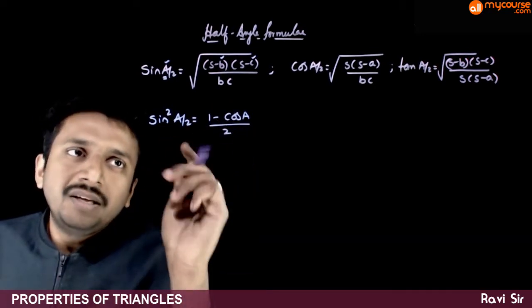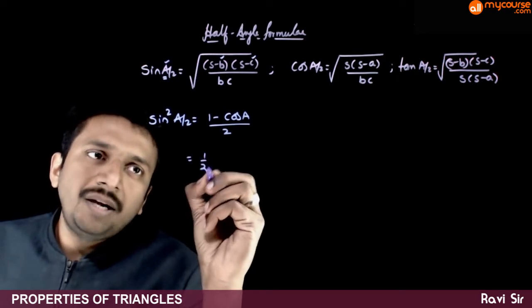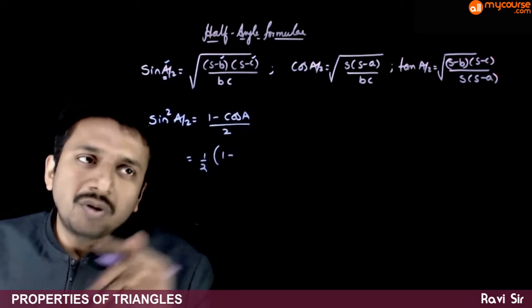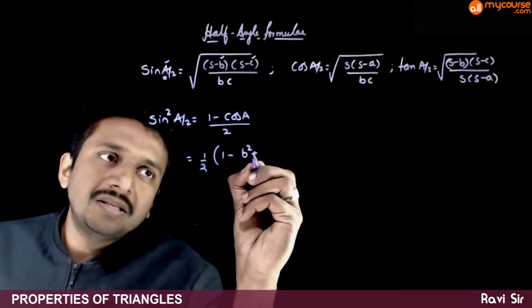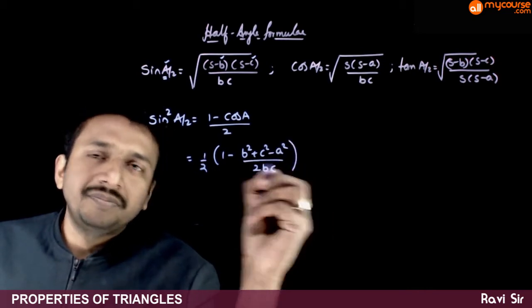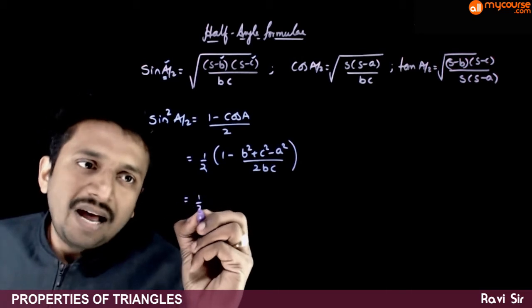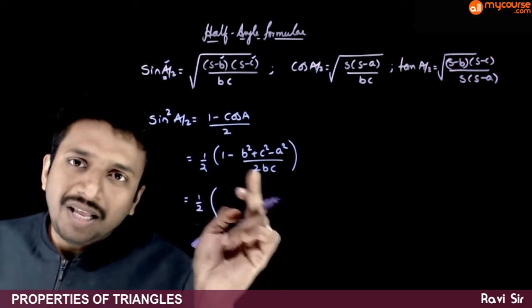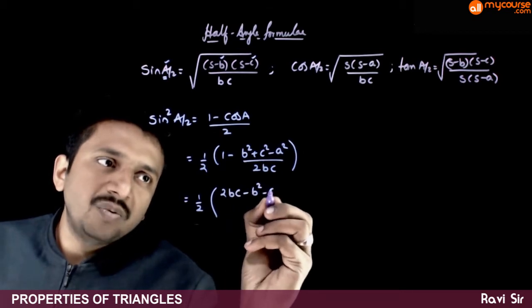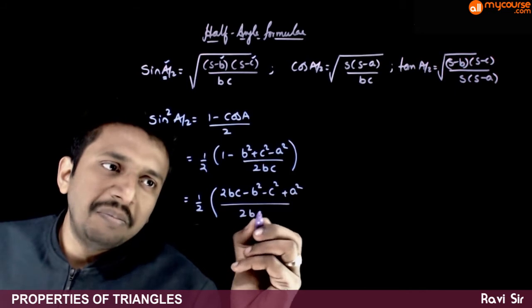From this formula, you can see that sine square A by 2 is 1 by 2 times 1 minus cos A. So from cosine formula, cos A is B square plus C square minus A square by 2BC. So that is equal to half times, if you take the LCM, you get 2BC minus B square minus C square plus A square by 2BC.